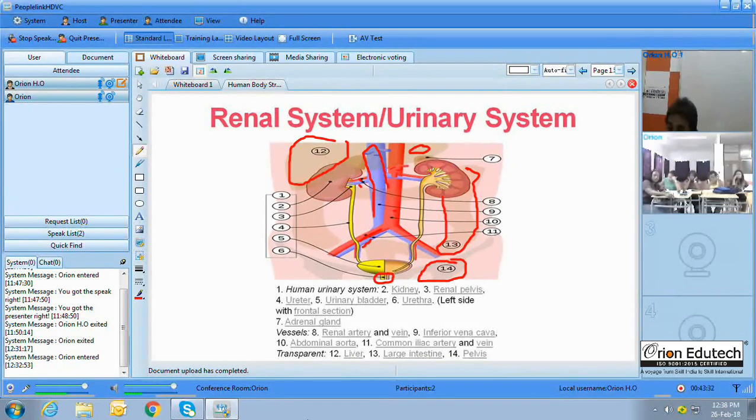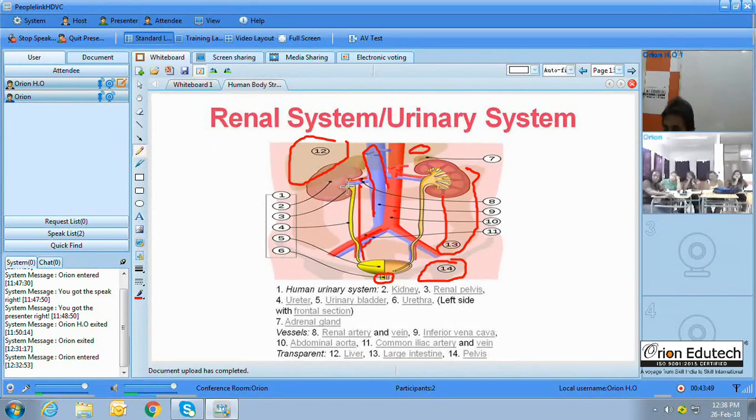The ureter runs from the kidney to the bladder. Which one is the ureter? This yellow line is the ureter.